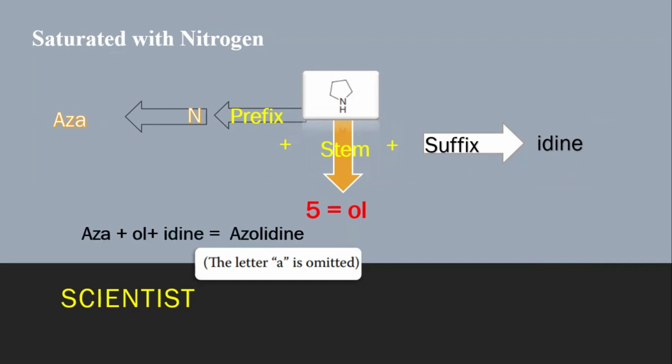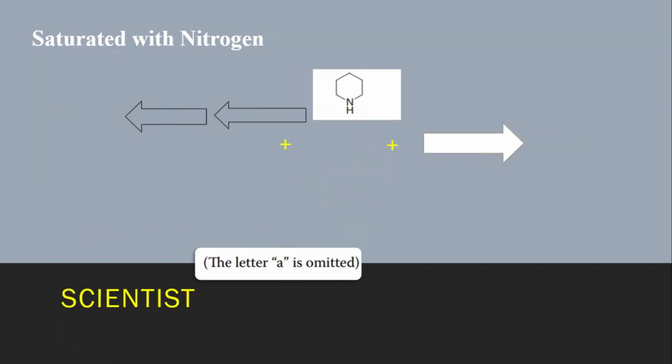Aza for nitrogen, ol for 5 membering, idine: azolidine, or it's generally known as pyrrolidine. Okay, let's discuss another, that is a 6. Actually, I didn't discuss the 4 member because it was as usual like the 3 and 5 membering, so I left that.